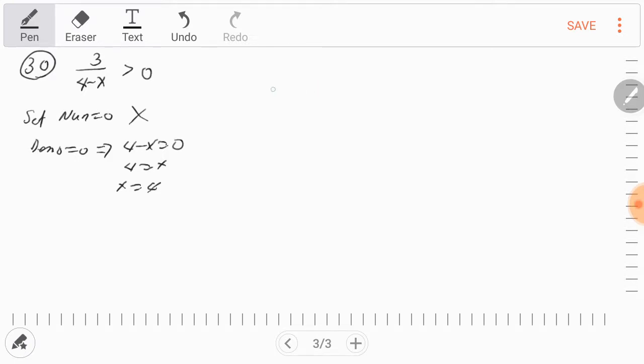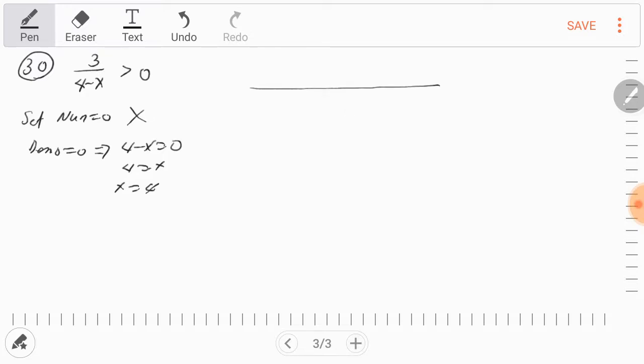So there's no x-intercept because the numerator cannot be 0. The numerator is always 3. The denominator is the restricted value, so when x equals 4, that is the vertical asymptote. So we don't allow x equals 4.